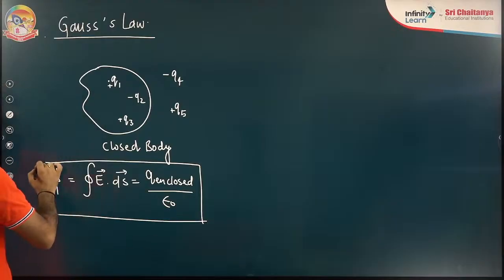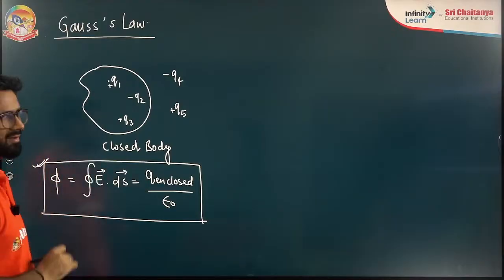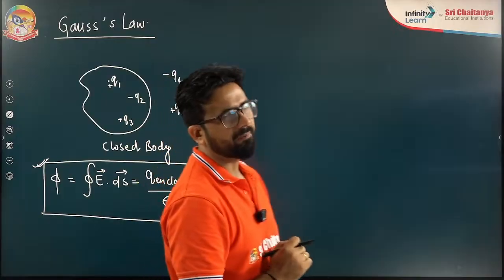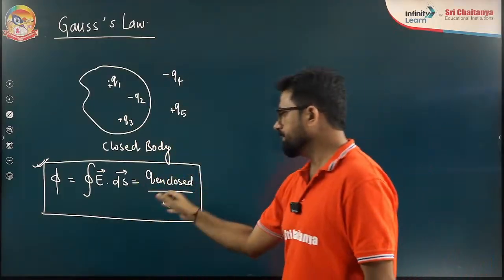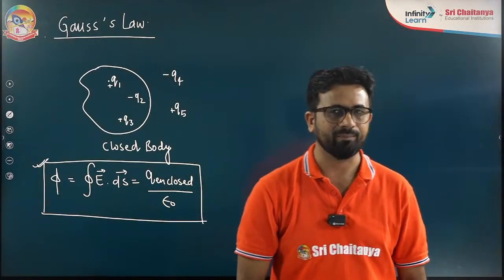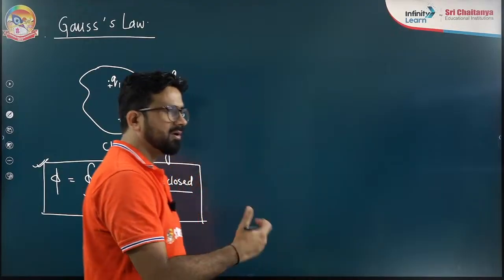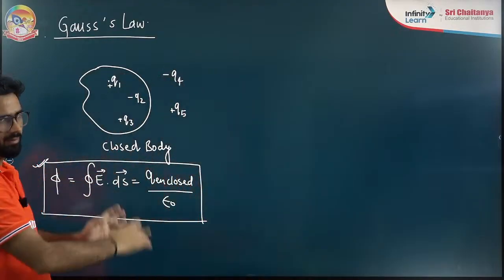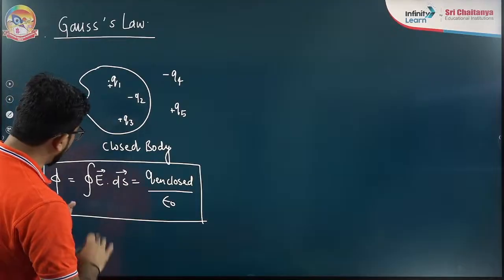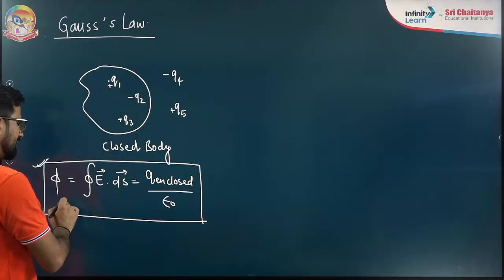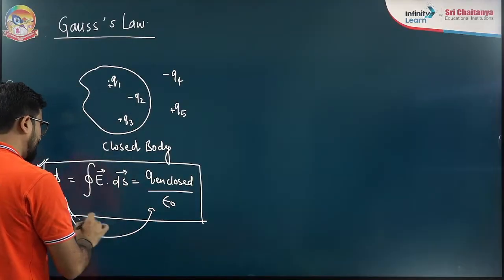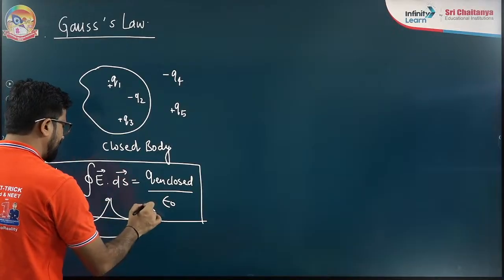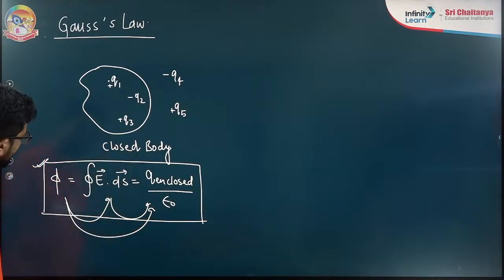It is a mathematical statement, and I will say a very important law. This law can be proved using Coulomb's law. I will show you also, but right now we have to understand the mathematical part, which has two parts. What is the meaning?